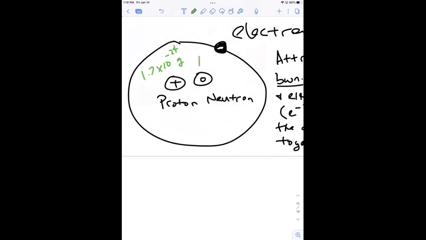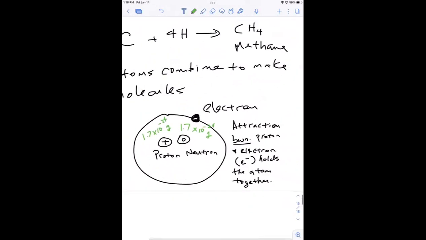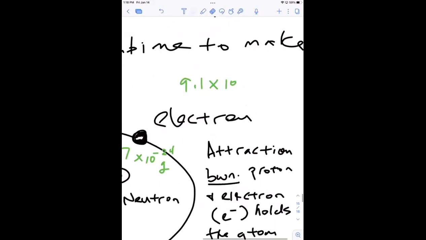Neutrons and protons weigh about the same amount, or rather, let me not say weight, they have roughly the same mass, right? And the electron is even smaller and even lighter. This is 9.1 times 10 to the minus 28 grams, right? Very, very tiny particles.